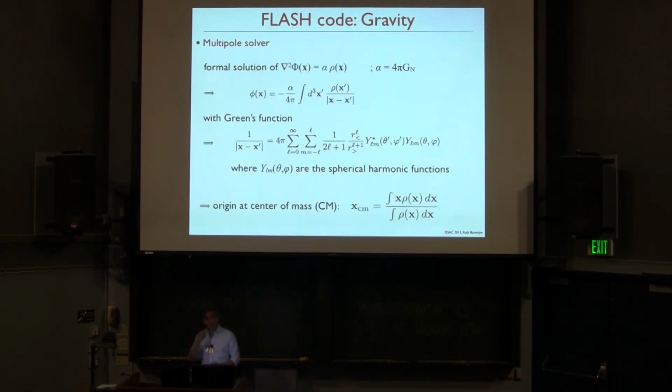So now we are essentially going through these different solvers and see what is the basis and the differences. Starting with the so-called multipole solver, the idea is that you can essentially formally solve your Poisson equation with a given Green's function. Here it is given, which you can expand in terms of spherical harmonic functions, so these Y's and Y stars.